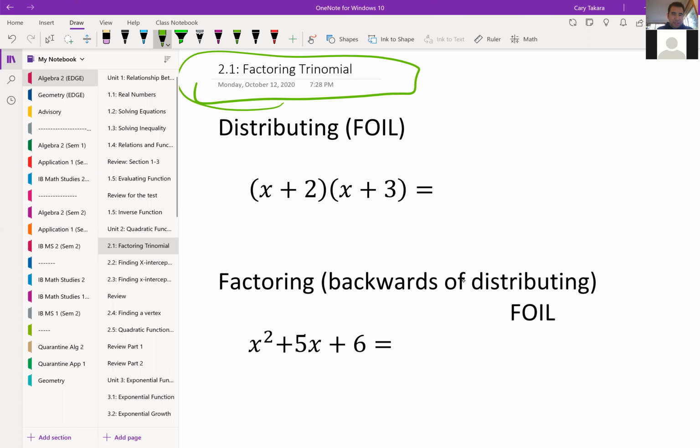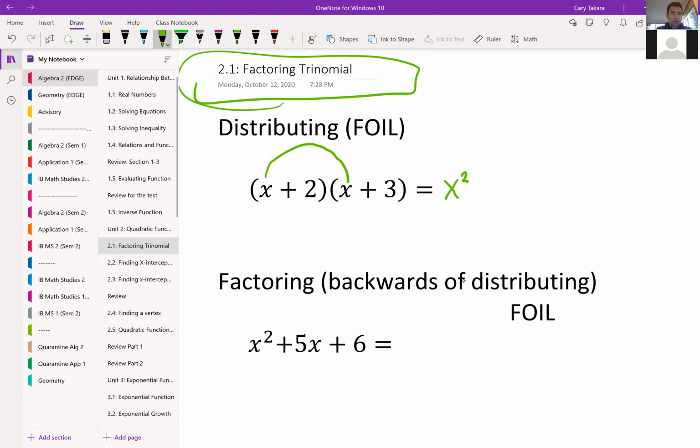Before we do the factoring, we're going to do the opposite. We're going to distribute. Now here we've got x plus 2 times x plus 3. Let's distribute that. We're going to FOIL it. First, we distribute x times x.